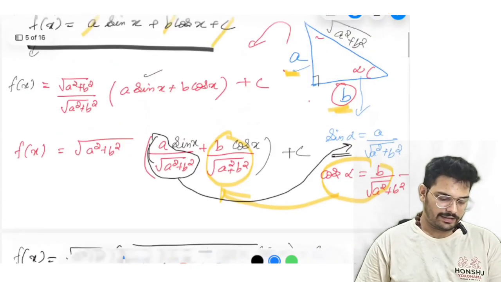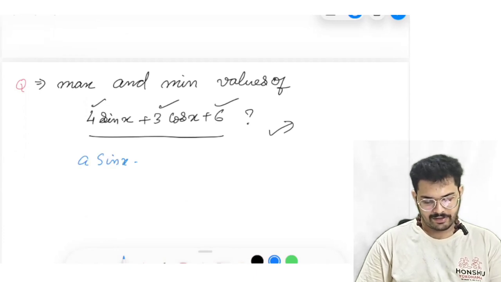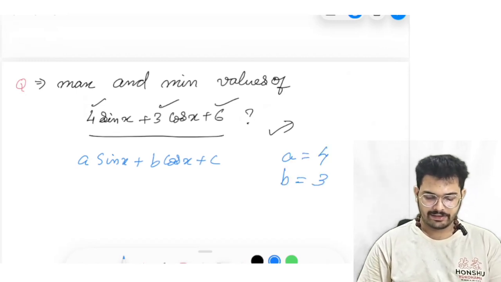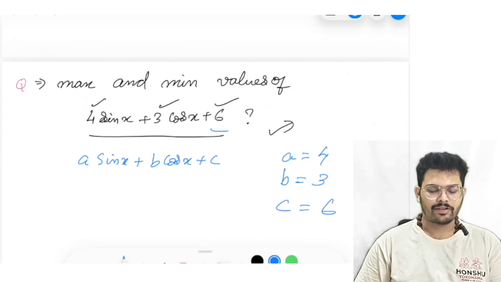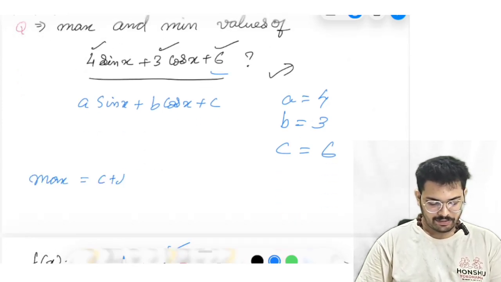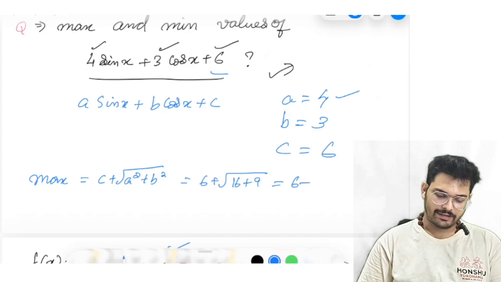Now, whenever you get this type of question, it is of the form a sin x plus b cos x plus c. Here a is the coefficient of sin x, that is 4, b is the coefficient of cos x, that is 3, and c is this constant, 6. So the maximum value will be c plus root of a square plus b square, which is 6 plus root of 4 square plus 3 square, that is 9, so 6 plus root 25, and our value is 11.